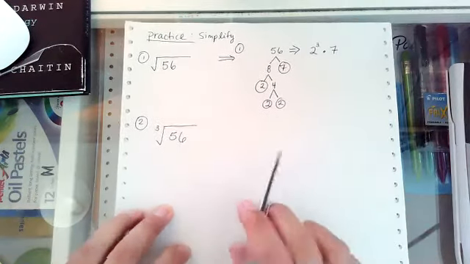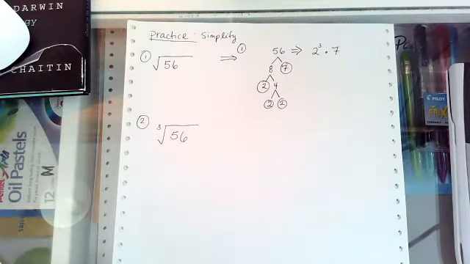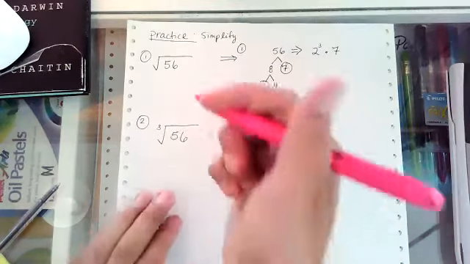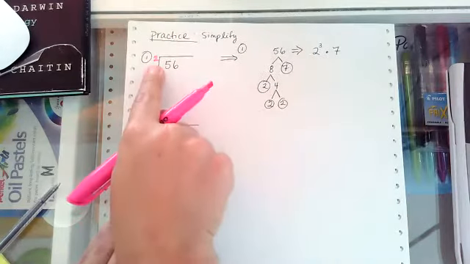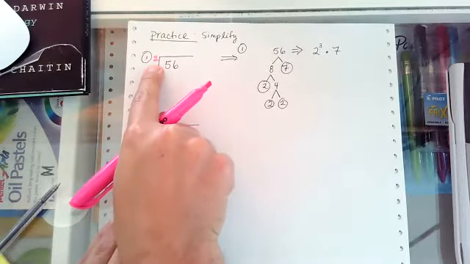But the thing you want to remember here is that the number that you've been given has a square root, and that's giving you the hint as to what we are trying to cancel out. So remember that the square root, even though we don't write it, has an understood 2 for its index.